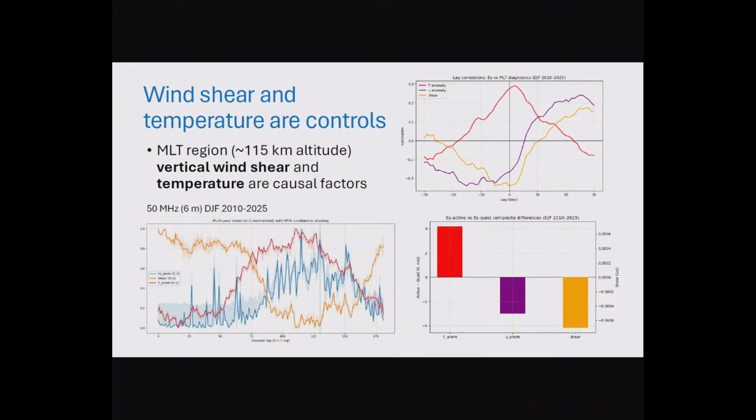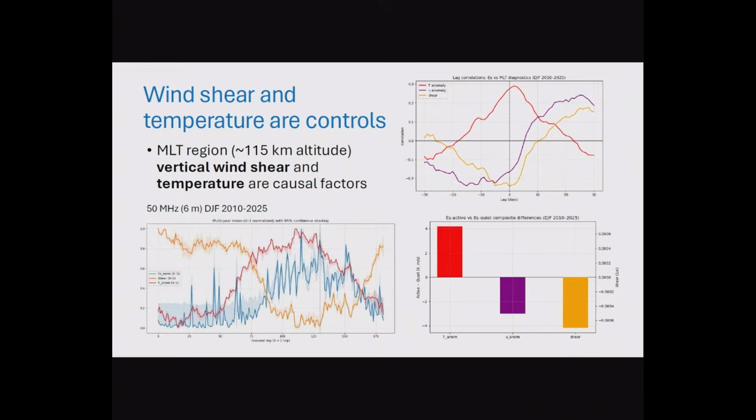climatology, if you like, that Sporadic-E variation throughout the summer. And I've plotted here the temperature in this MLT region, which seems to have a similar kind of variation, and the wind shear. And wind shear is basically the gradient in the vertical wind, so between two altitudes.